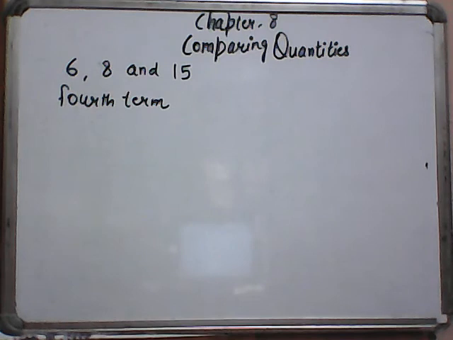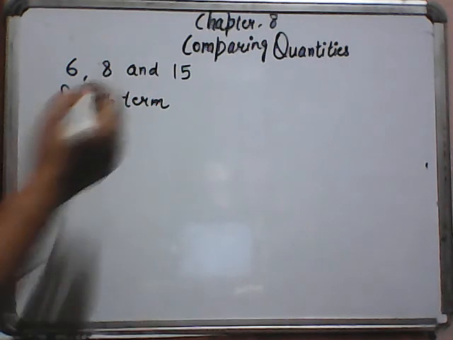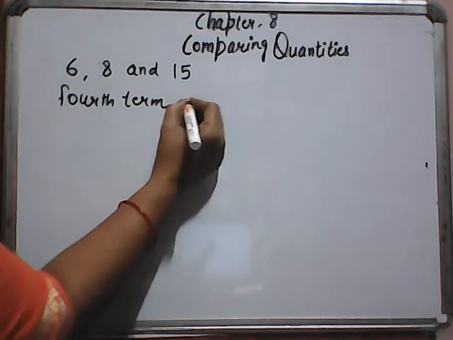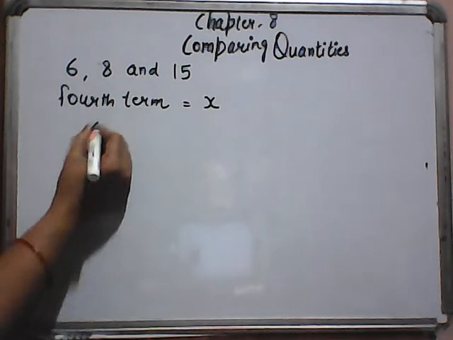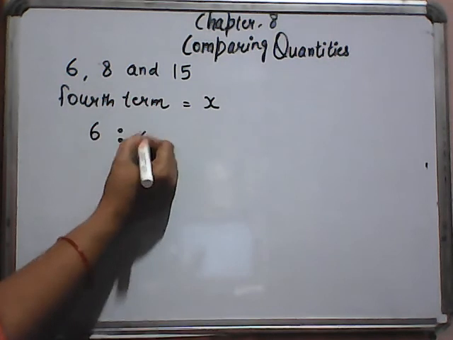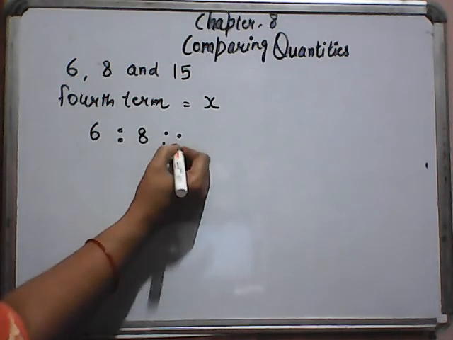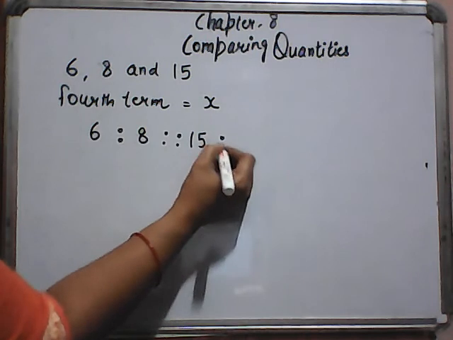Proportion means these numbers are given in proportion. Let the fourth term of this proportion be x. So we can write it in the form 6:8 proportion 15:x.